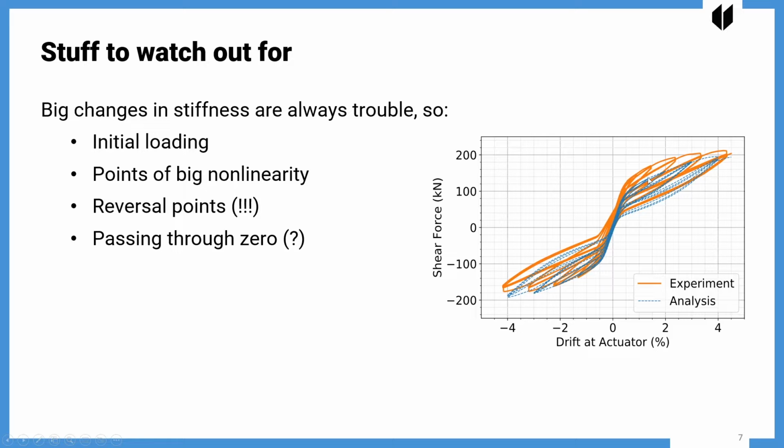And we're going to have to be a little bit careful of how we increment the load near them. Of course, you might have problems with initial loading or points of big nonlinearity in a standard pushover model, but for reverse cyclic, these reversal points are going to be potentially big points of pain. And also sometimes you might have issues when you're passing through zero in terms of big stiffness changes. It's not as frequent, but just something to potentially keep an eye on.